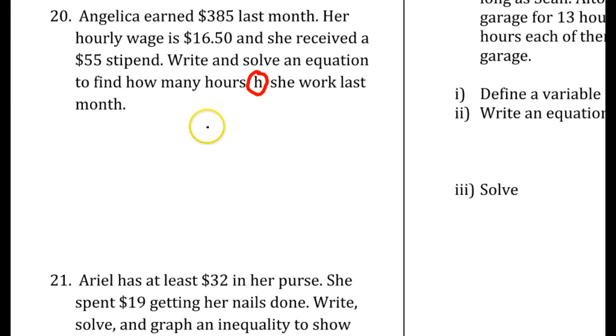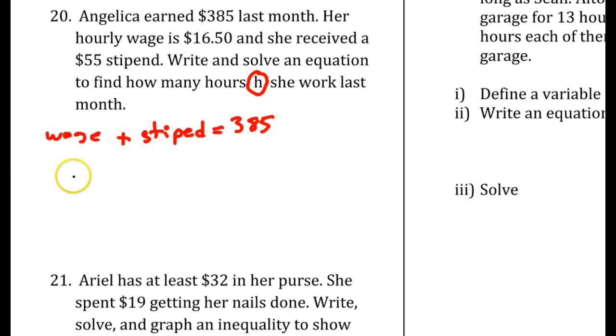So we know everything added up. We're adding up the wage and the stipend, that one-time check, and we know that equals $385.